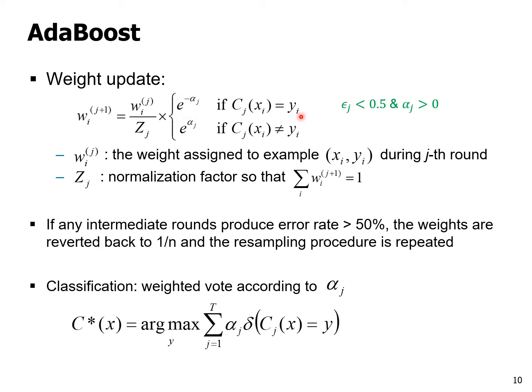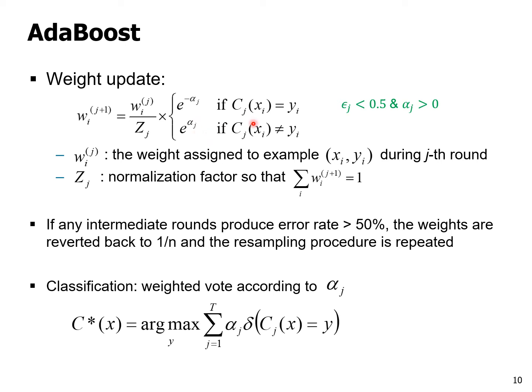So if prediction is correct, the current value is multiplied by a number less than 1. If the prediction is incorrect, the current weight value is multiplied by a number greater than 1.